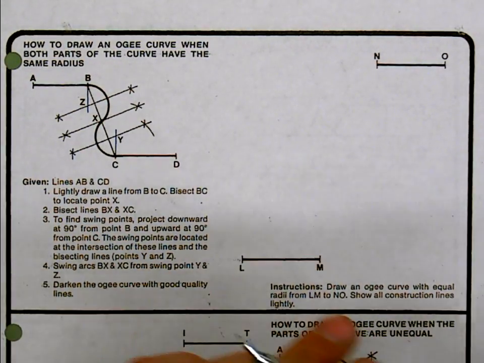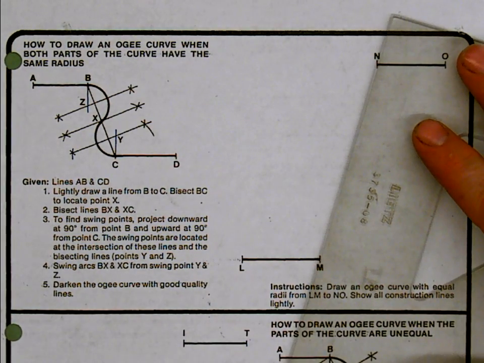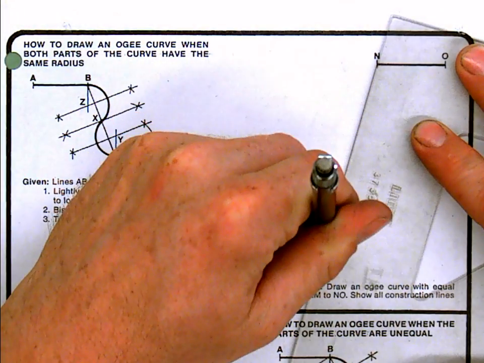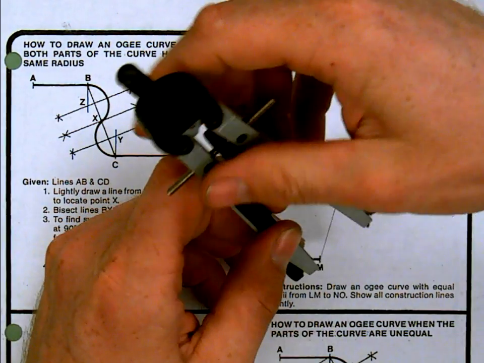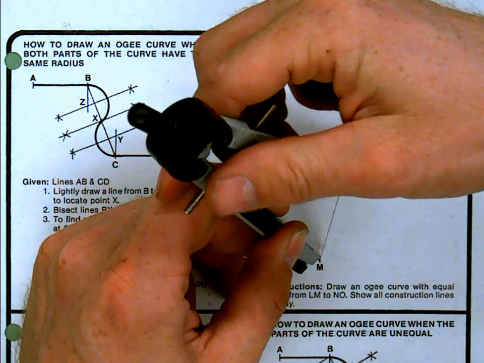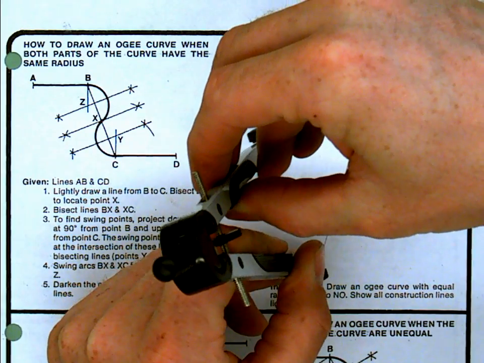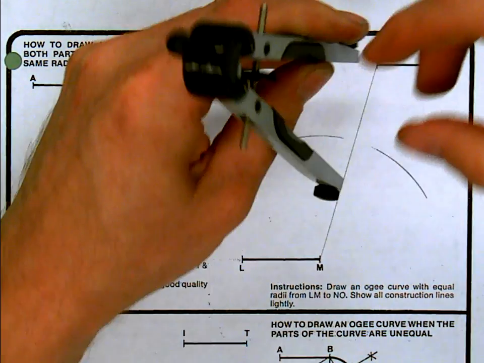So the first thing I'm going to do is grab a straight edge and pencil, and we're going to draw a construction line between M and N, like so. And then I'm going to take my compass and let's adjust it to bisect this line I have created. So I need to have an arc up there and an arc over there somewhere.